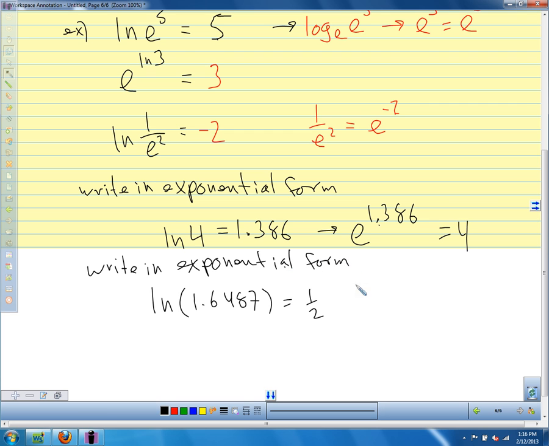So how would I write this in exponential form? What's my base for the natural log function? E. E to the, what's my exponent? 1/2. So in exponential form, e to the 1/2 power equals 1.6487. So these are exactly like we did in the other examples, just my base is e.